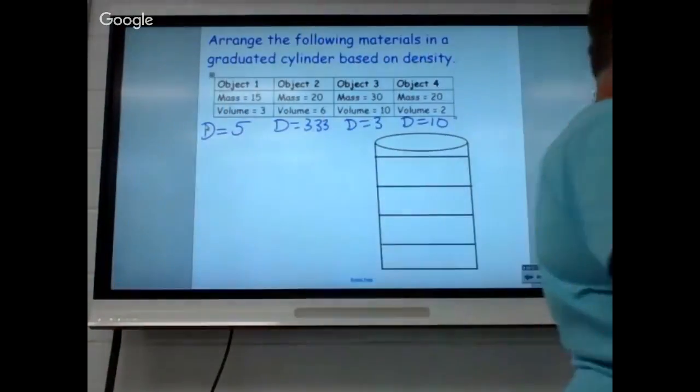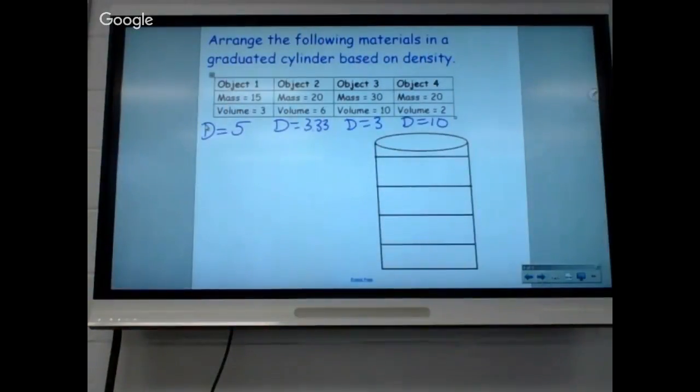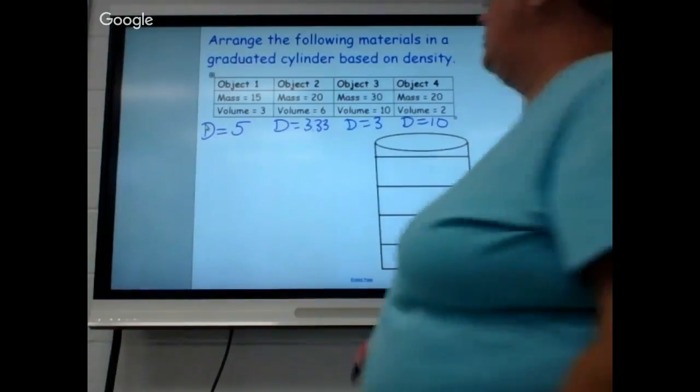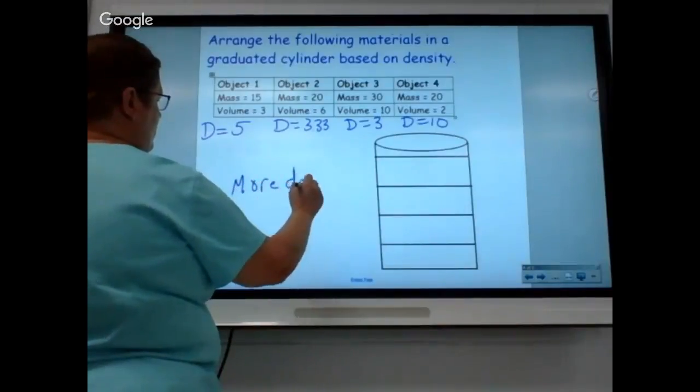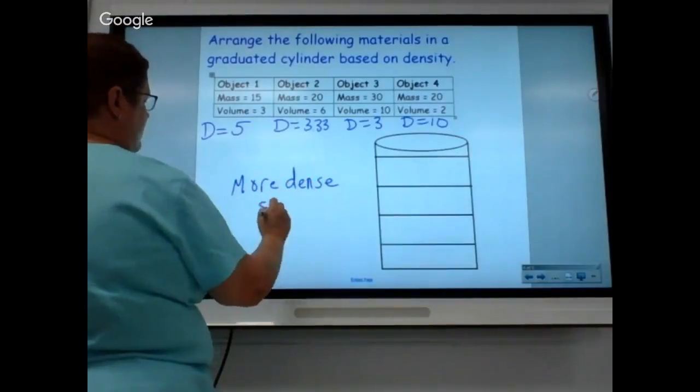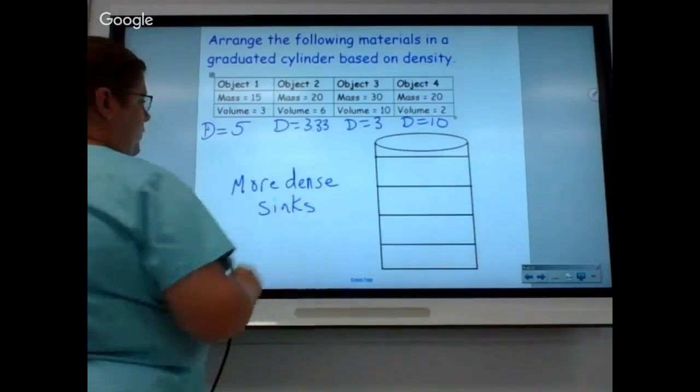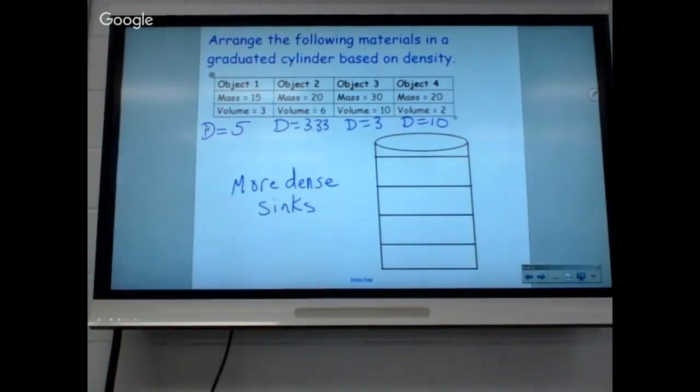So based on our discussion about density earlier, what is going to happen? The more dense sinks. All right, the more dense sinks. Okay, so if more dense sinks, where's it going? All right, so who's going to the bottom?